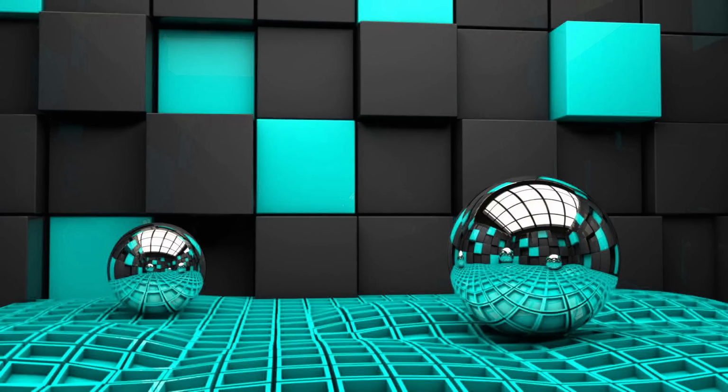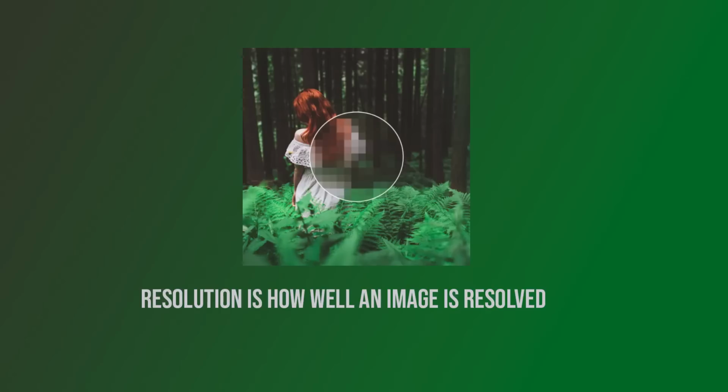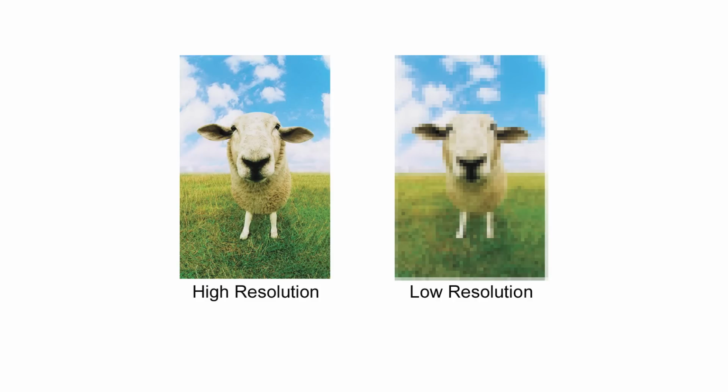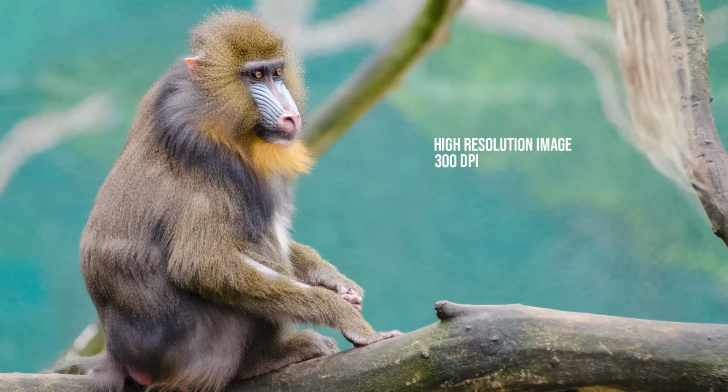And here's why. First things first, let's define some things. Resolution is defined as how well an image is resolved, okay? If what we see is more smooth or clear in an image, then to us it's more resolved. It is what we refer to as high resolution, high quality, HD, okay?